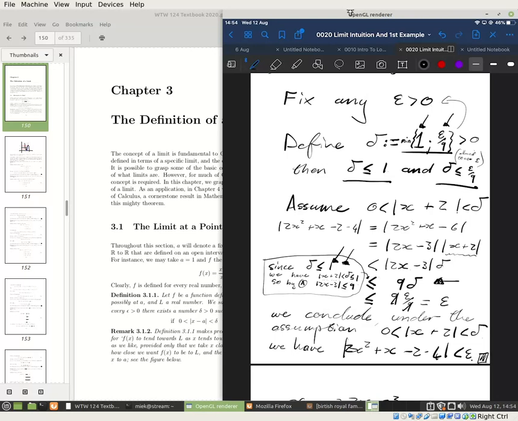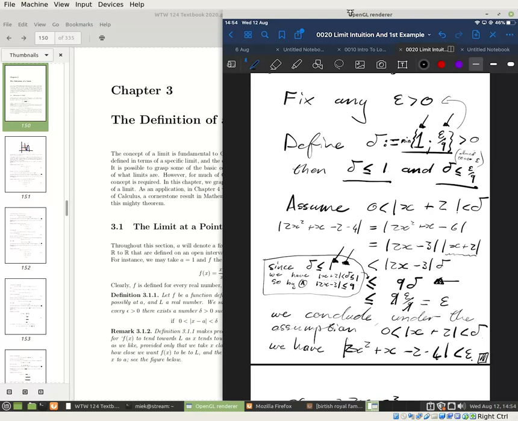And once we have this constant over there, we can see that since we want this thing to be less than epsilon finally, we need somehow to bake in an epsilon over 9 here. So delta less than or equal to epsilon over 9. That is why we put in the epsilon over 9 there.